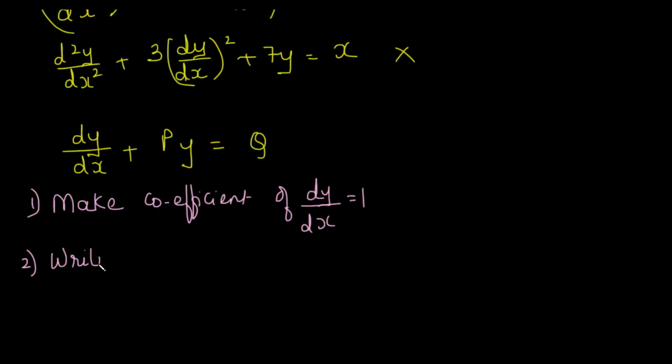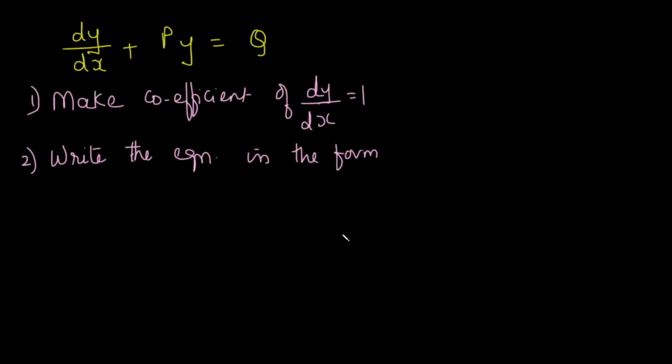Then second step, write the equation in the solvable form, that is dy by dx plus py is equal to q, where p and q are either constants or functions of x, never y in this case. So write the equation in this form. Then the third and a very important step, use the integrating factor.